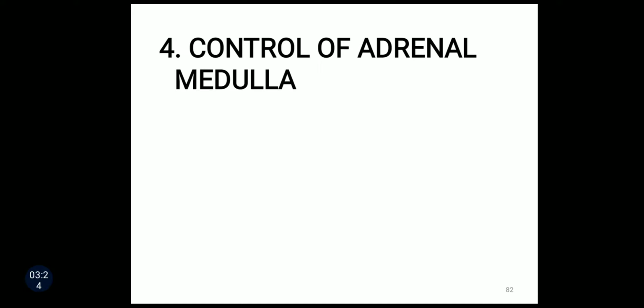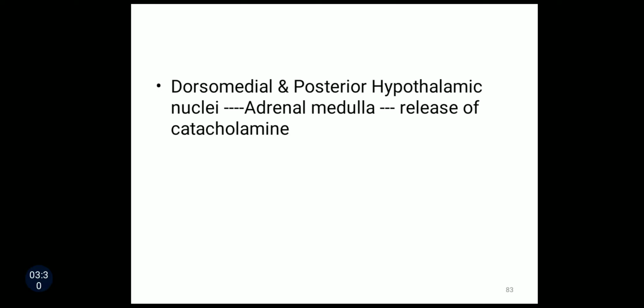Then the fourth function is control of adrenal medulla. Hypothalamus controls adrenal medulla with the help of two centers: dorsomedial and posterior hypothalamic nuclei. Whenever a person is under any emotional stress or excitement, these two nuclei are stimulated, and they will stimulate the adrenal medulla, and from adrenal medulla there will be a release of catecholamines.